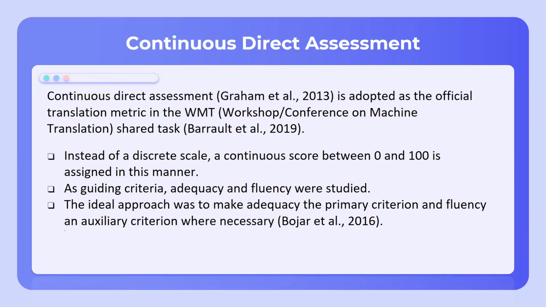And adequacy and fluency were studied as guiding criteria in this assessment. So the ideal approach was to make adequacy the primary criterion and fluency an auxiliary criterion where necessary.